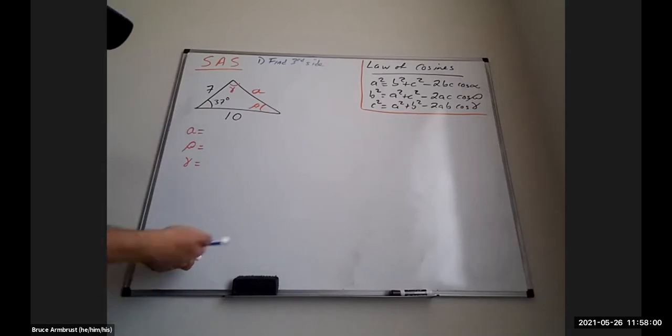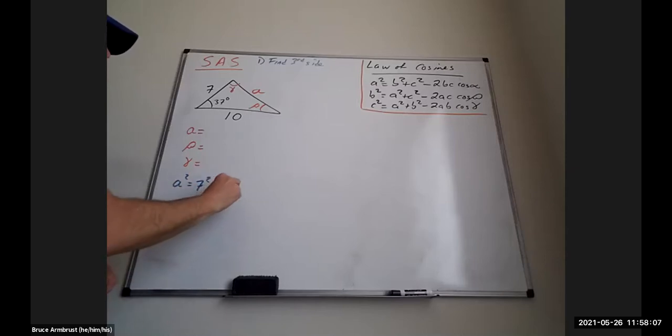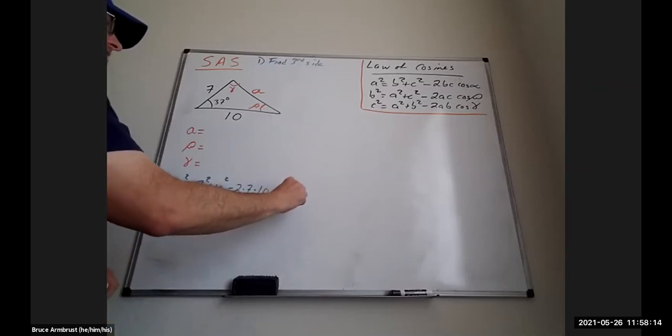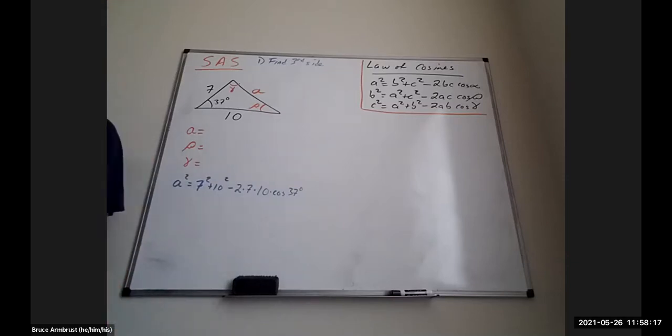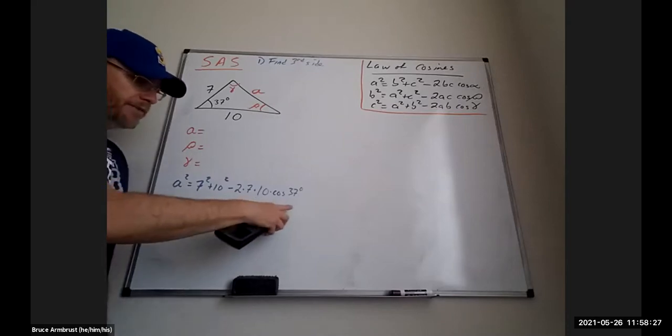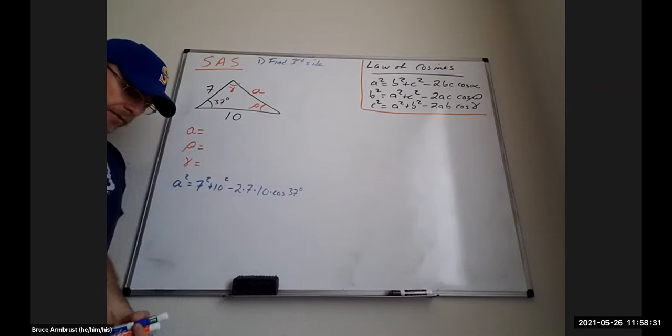All right, so if we do that here, we're going to get a squared equals 7 squared plus 10 squared minus 2 times 7 times 10 times the cosine of 37 degrees. So we've got everything here. And now we can jump to our calculator to figure out what this value is.